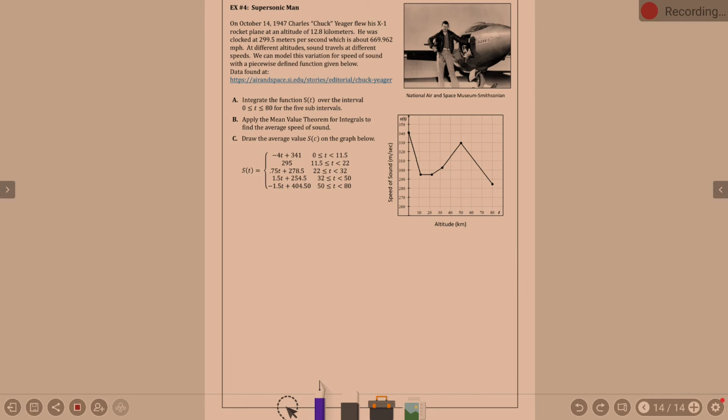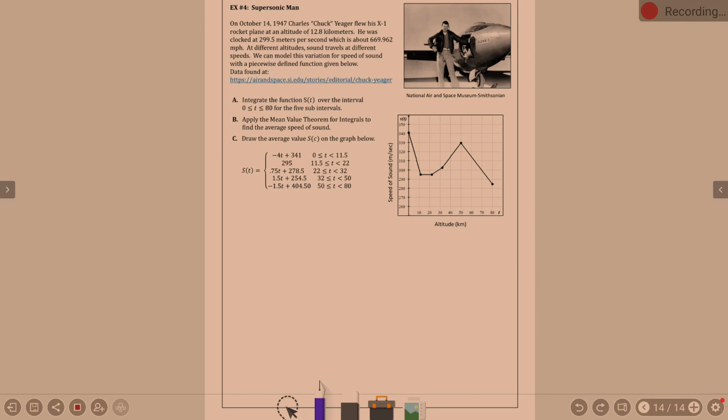Supersonic Man. On October 14th, Chuck Yeager flew his X-1 rocket plane at an altitude of 12.8 kilometers. He was clocked at 299.5 meters per second, which is about 669.962 miles per hour. At different altitudes, sound travels at different speeds. We can model this variation for speed of sound with a piecewise function given below.